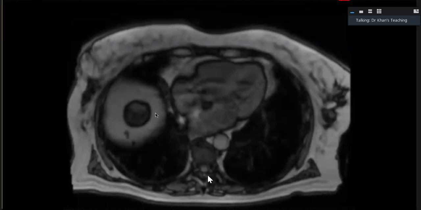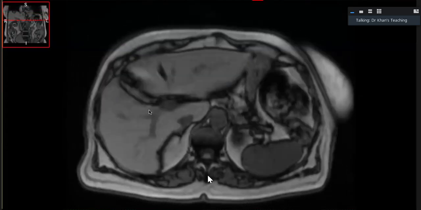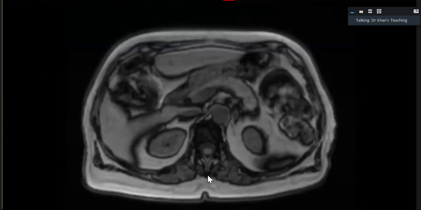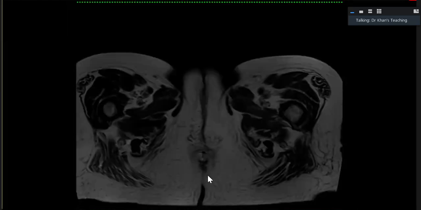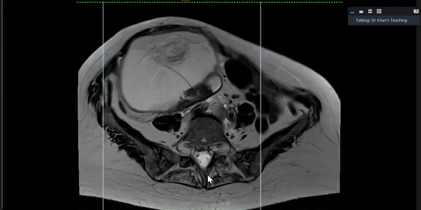Actually, there is more than that because you can see tiny metastases, immature teratoma with metastasis. So then we go to, sorry, this one I had shown you.